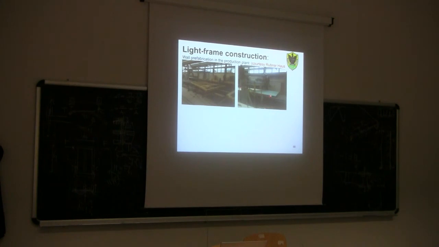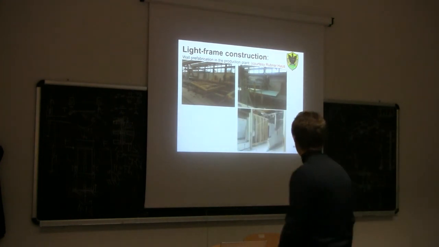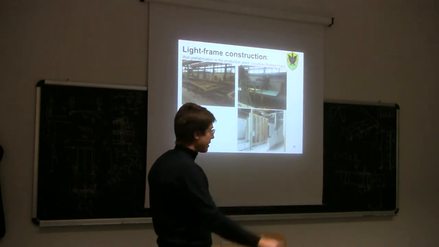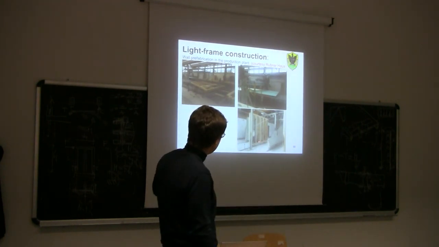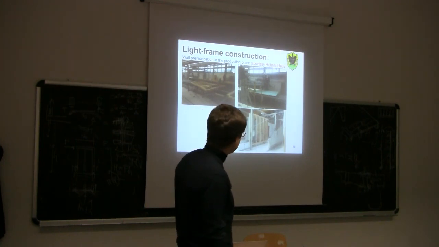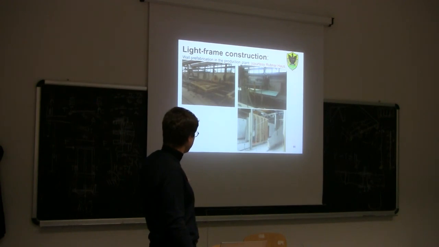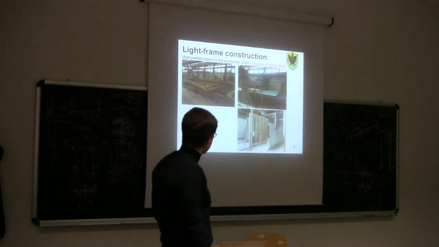Then the sheathing is placed on top on one side of this framing, and again the nailing is carried out automatically. Then this frame moves to another section of the factory, and you can see that the frame is also equipped with some plants. For example, here we have electrical pipes, hydraulic pipes for the toilet, and so on.